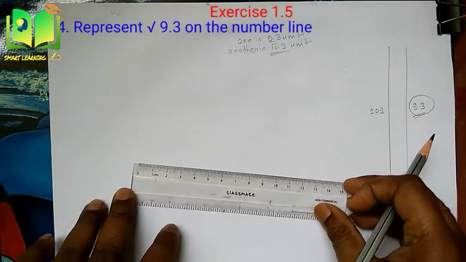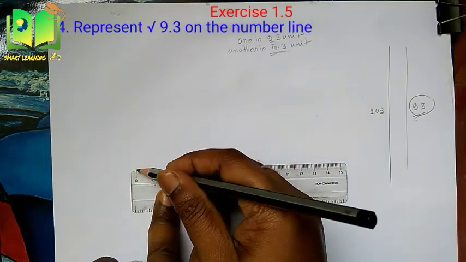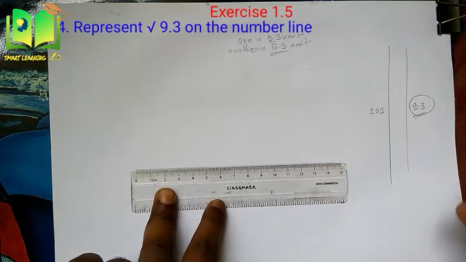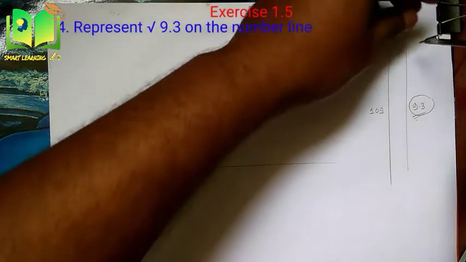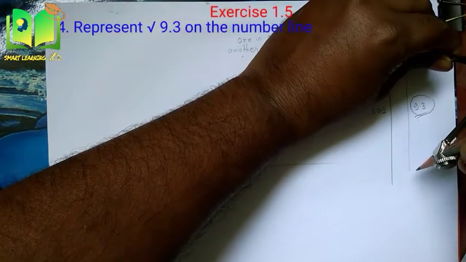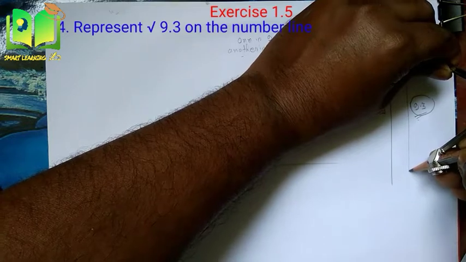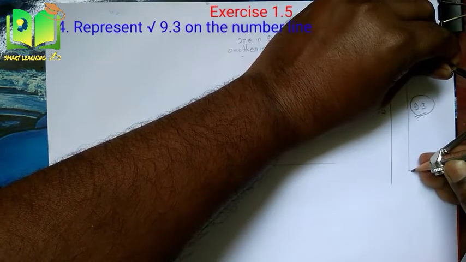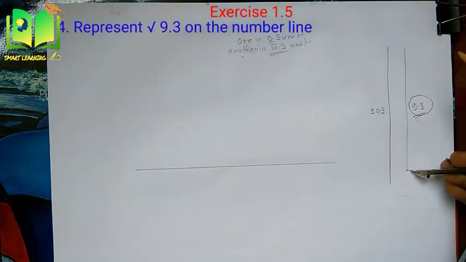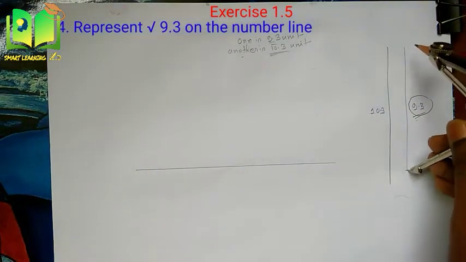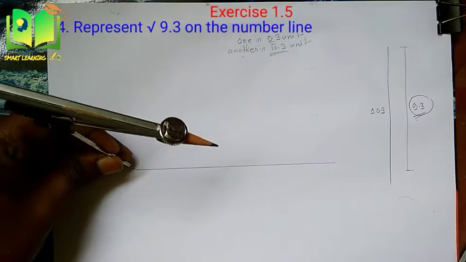So first you take one big line in your copy. Now by compass, first we have to take 9.3 from the rough side. Okay, so it is my 9.3. I have the exact value 9.3 here. So first you draw 9.3 here.